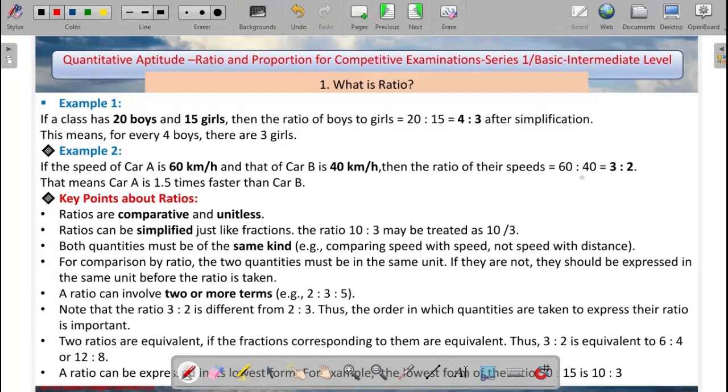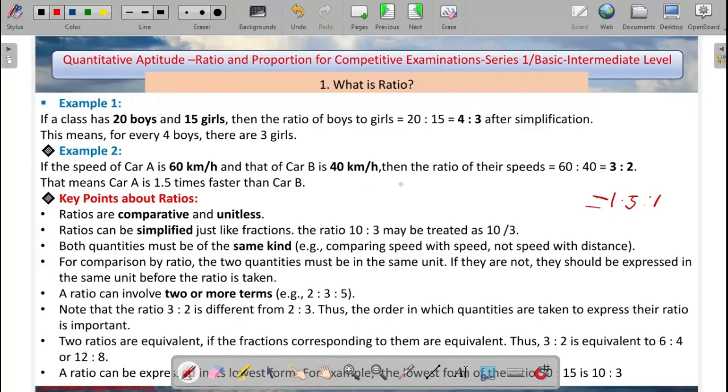So this means car A is 1.5 times faster than car B, because 3/2 is equal to 1.5. We can say here 1.5:1 instead of 3:2. So car A is 1.5 times faster than car B.